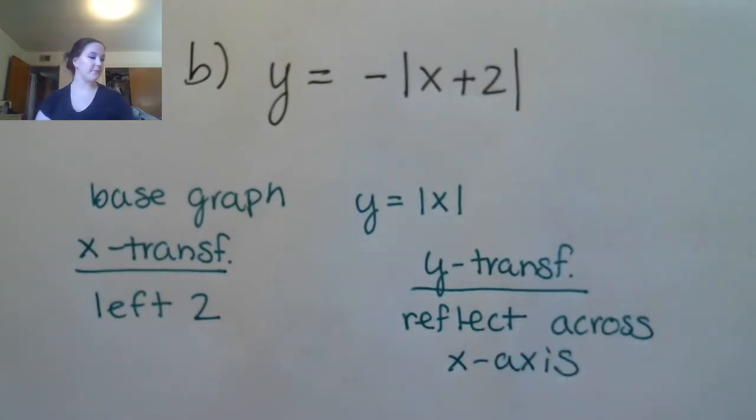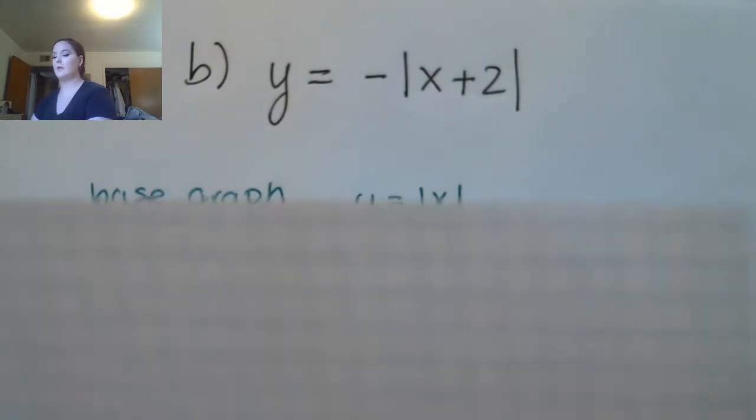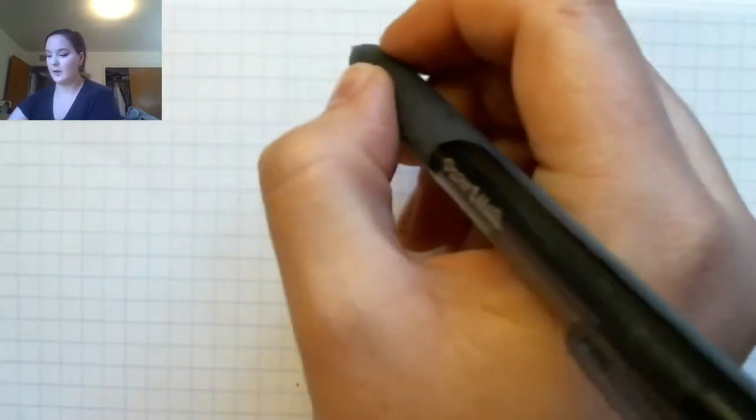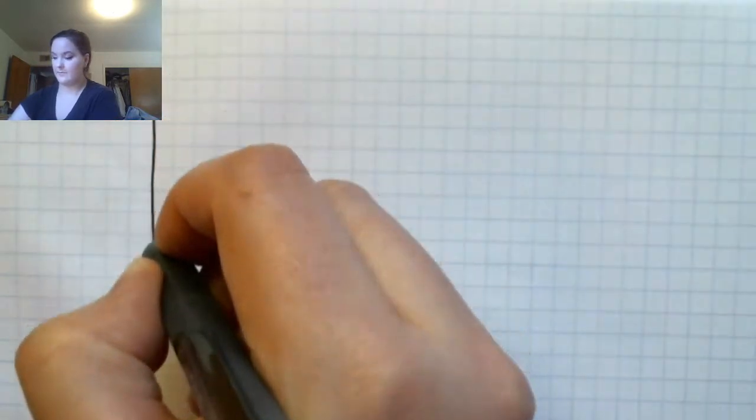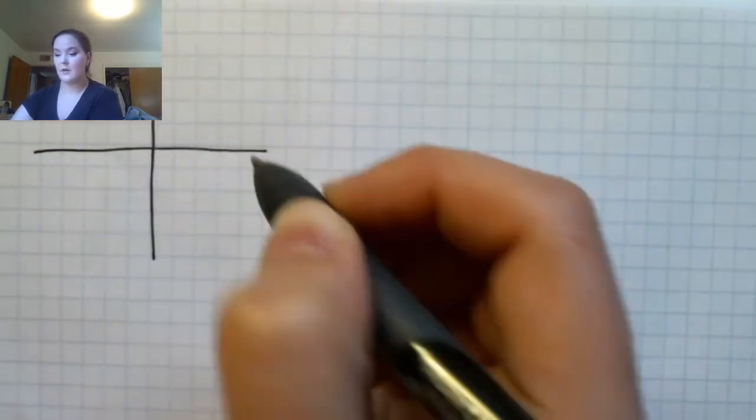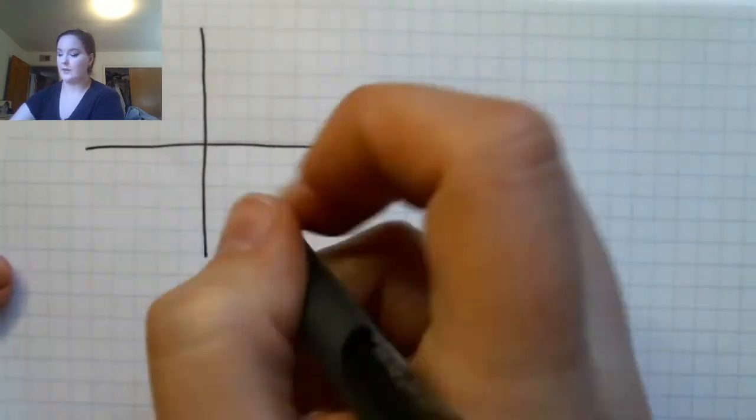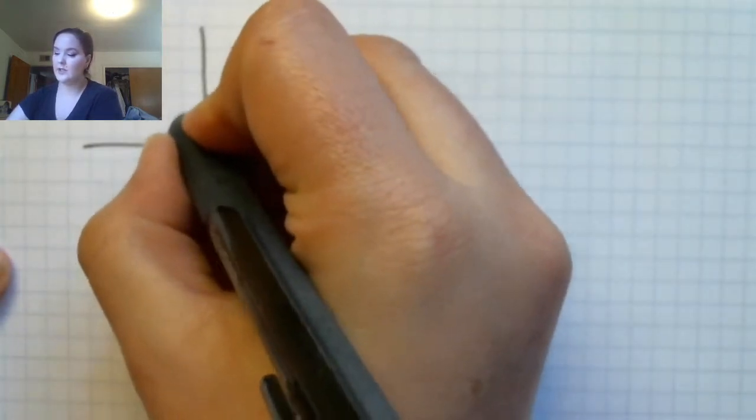So let's look at a graph here. The first thing we're going to do is look at our base graph. Our absolute value graph looks like this. It is V-shaped.